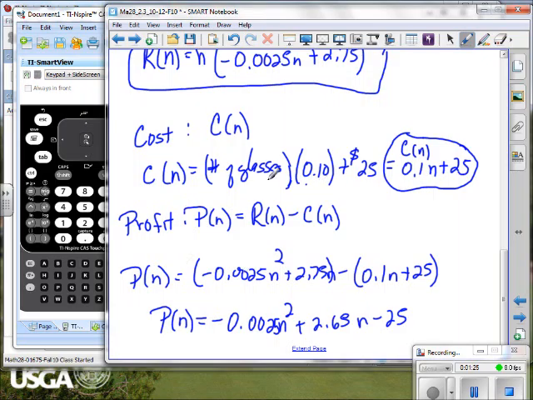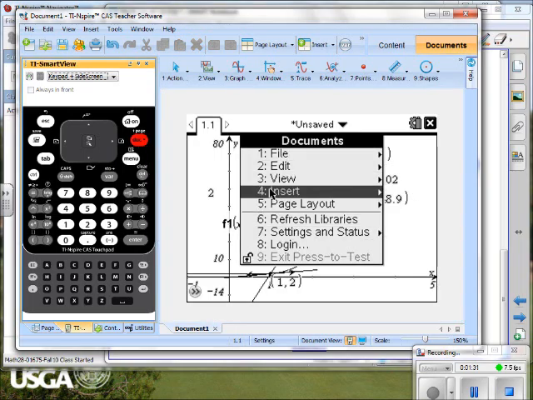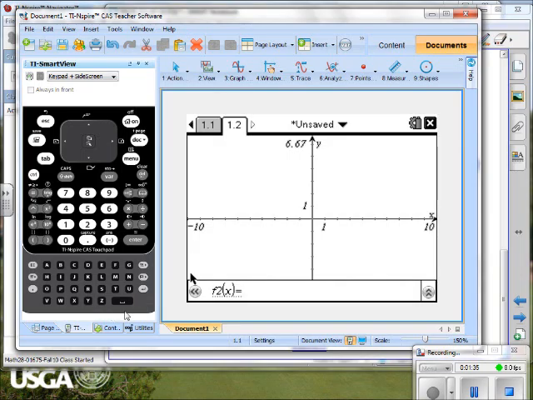Okay, so I'm going to go to my Inspire. We're going to put that in. I'm going to pick up a new graph page, and we'll put in profit.